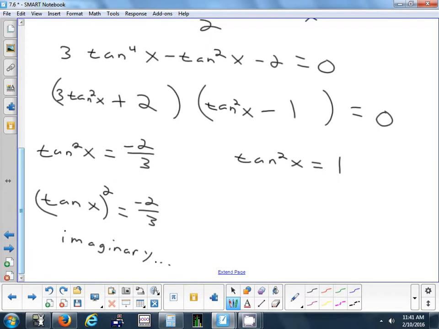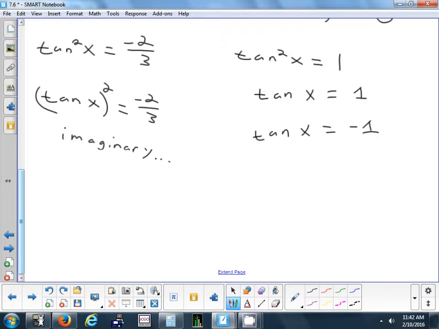Which is tangent x. So what does tangent x equal? The square root of 1, which is what? 1 or negative 1, both. So you've got to be careful with that, plus or minus 1. Okay, so how many answers could we potentially get here?